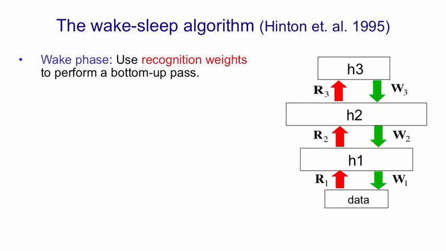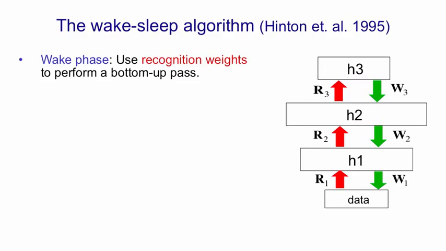So in this algorithm, there's a wake phase. In the wake phase, you put data in at the visible layer at the bottom, and you do a forward pass through the network using the recognition weights, and at each hidden layer, you make a stochastic binary decision for each hidden unit independently about whether it should be on or off. So the forward pass gets us stochastic binary states for all of the hidden units.